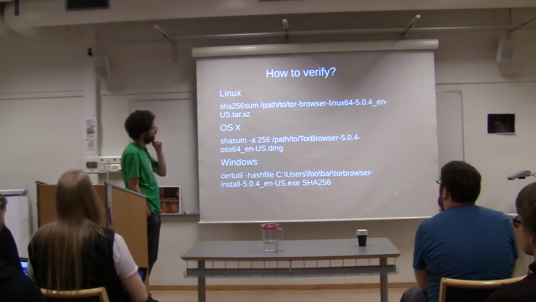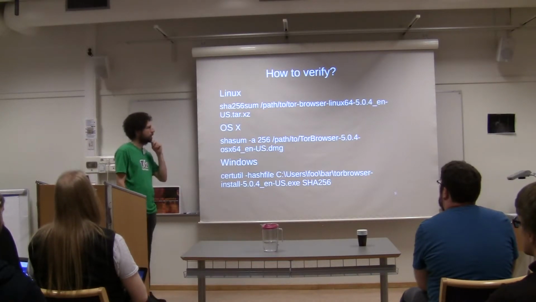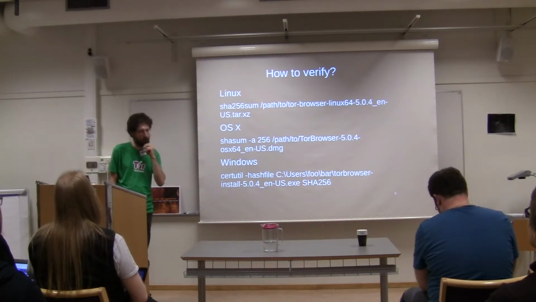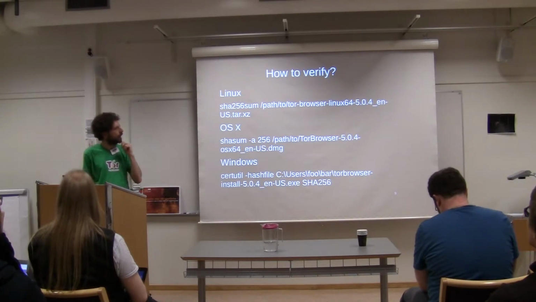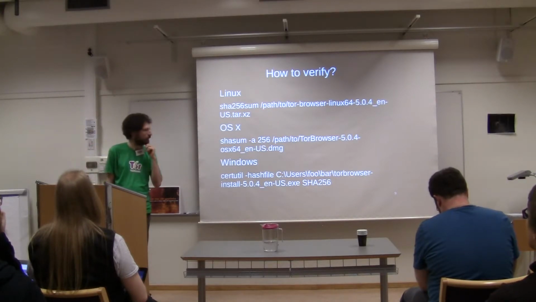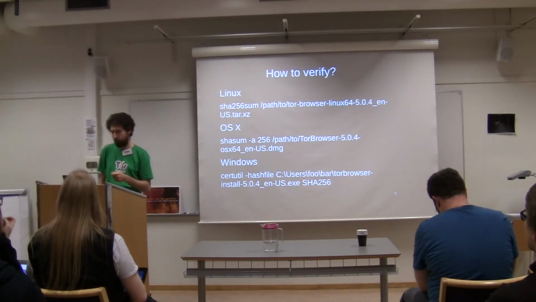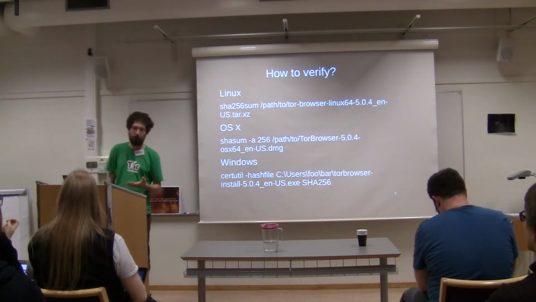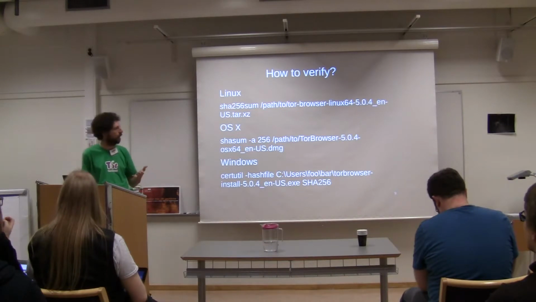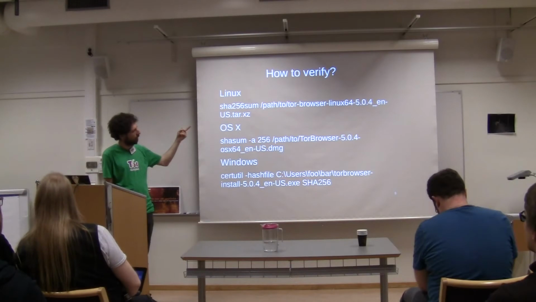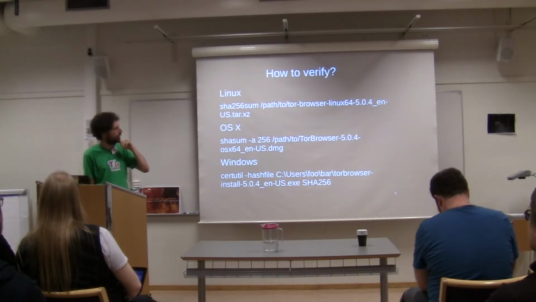On Linux, this is pretty easy. There's a tool called SHA-256sum, which is calculating the hash sum for you. These hash sums, the hash functions, are actually means of giving you a fingerprint of these things you want to hash, like the Tor browser bundle you just downloaded.